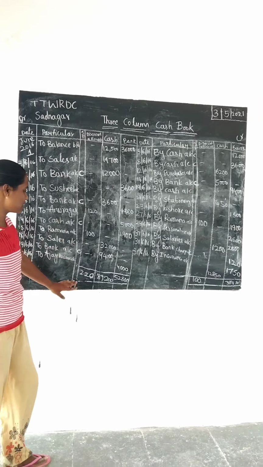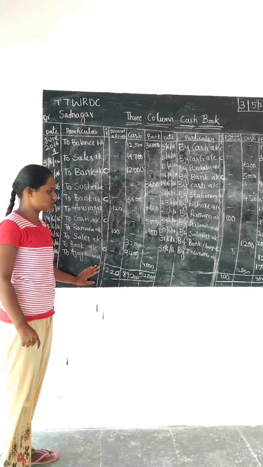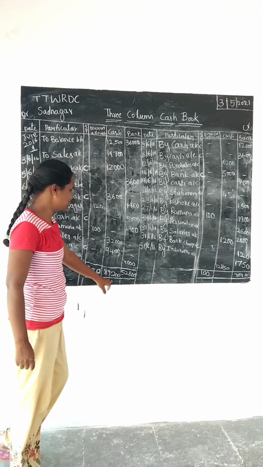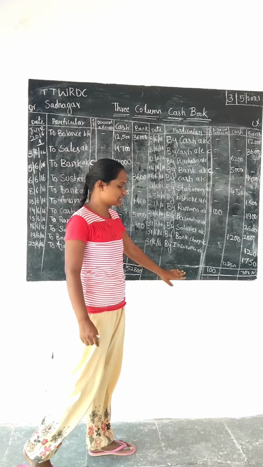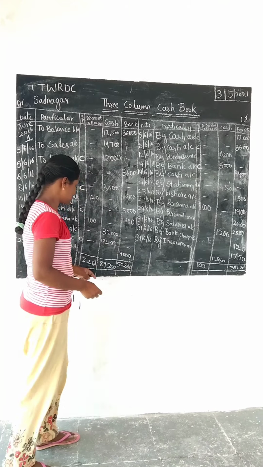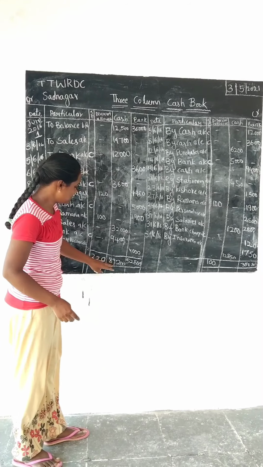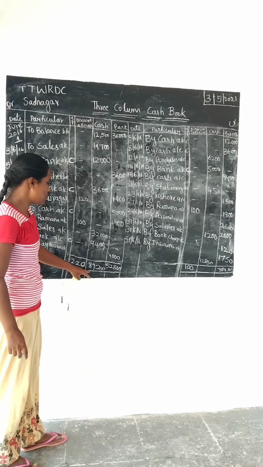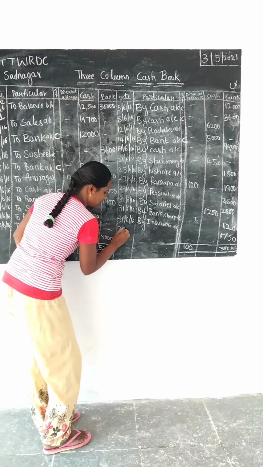The debit side balance is more, so we do debit minus credit. So 89,200 minus 12,850.